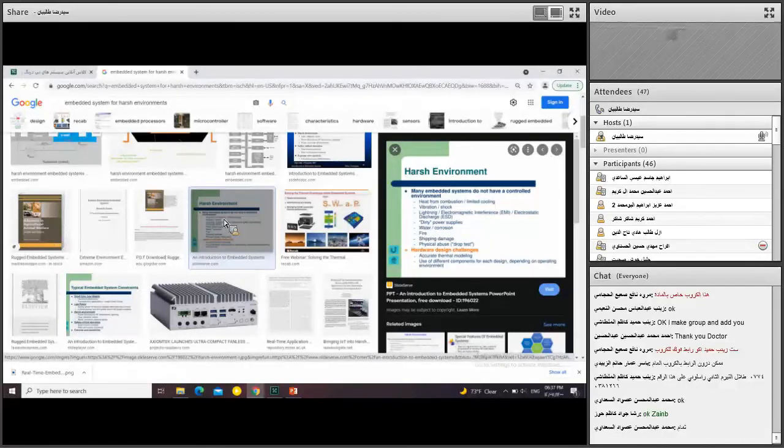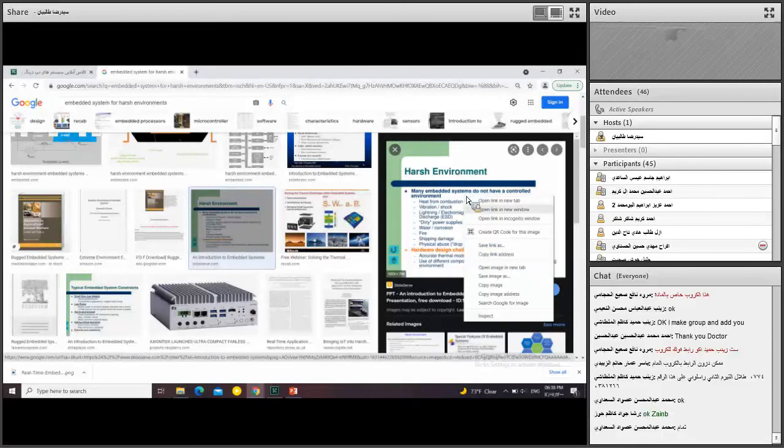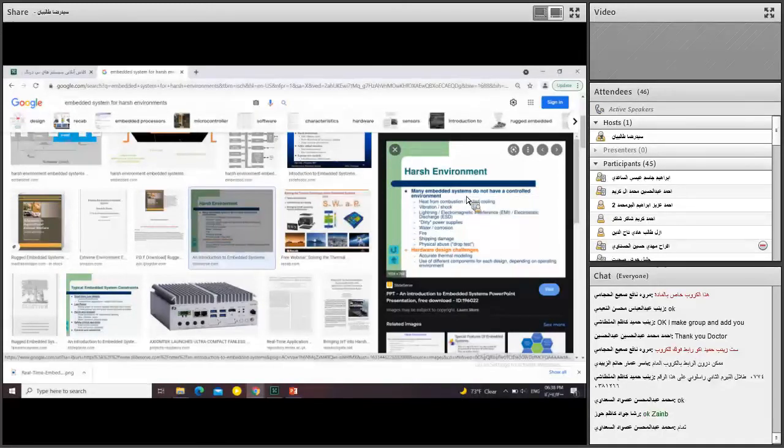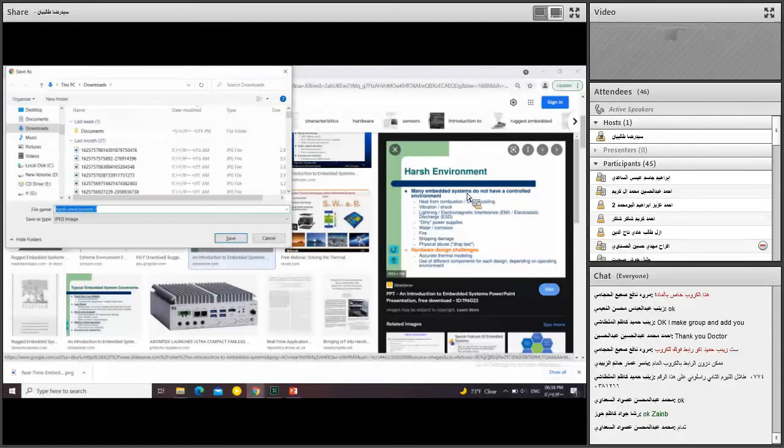Shipping damage, like water. Physical abuse, for example, drop tests or other things. All of them are examples of harsh environment. And hardware design challenges, for example, accurate thermal modeling or use of different components for each design depending on the operating environment. Then you can see some good examples about harsh environment.